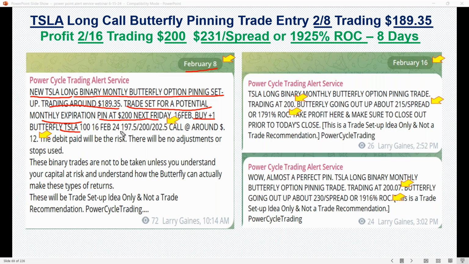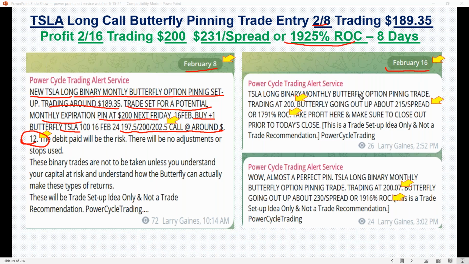We bought the 197.5, 200, 202.5 call butterfly at 12 cents. $12. That's the risk. Super low. Unbelievable. This trade went out almost 2,000% return in 8 days. Here it was set up on the 8th, and here it was going into the expiration on the 16th.